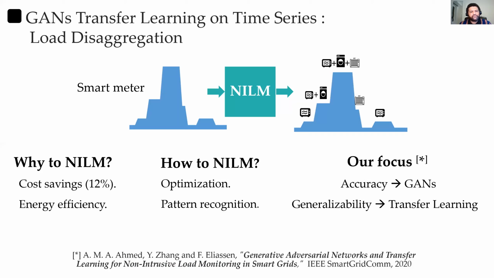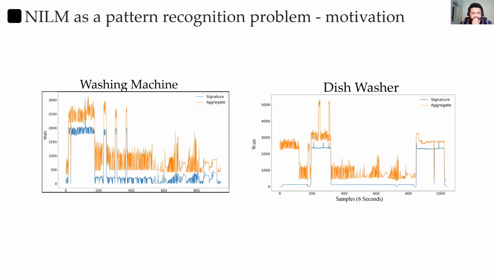Transfer learning was one of our approaches to achieve this level of generalizability. More details about this specific work are in this paper, but I'm going to capture the related results in this presentation.